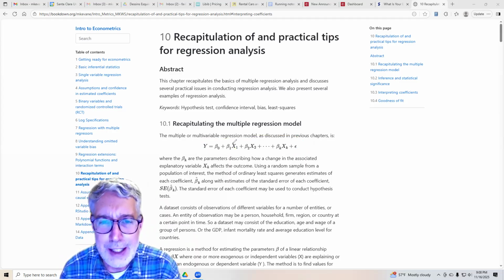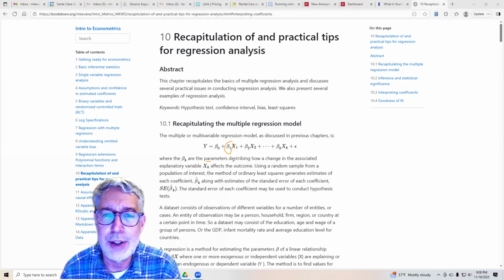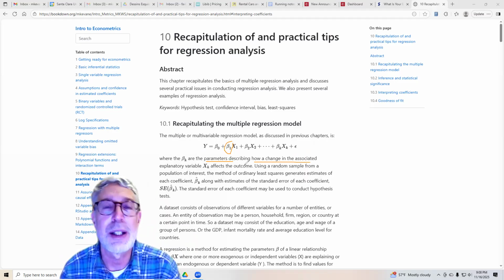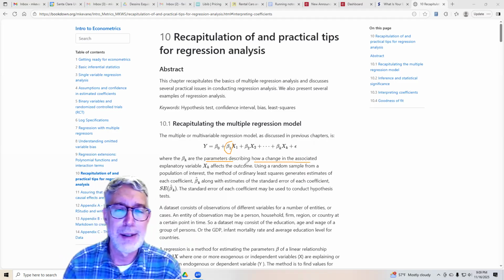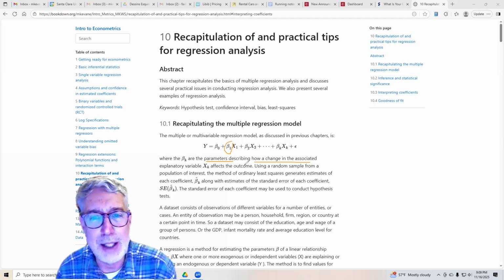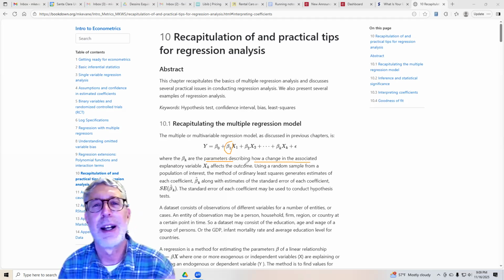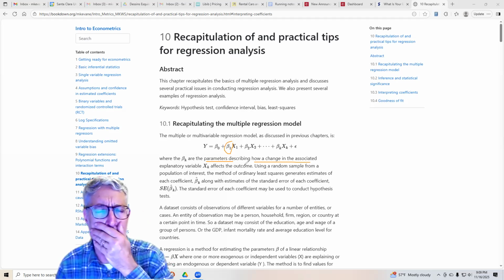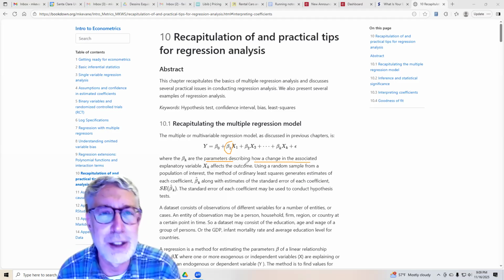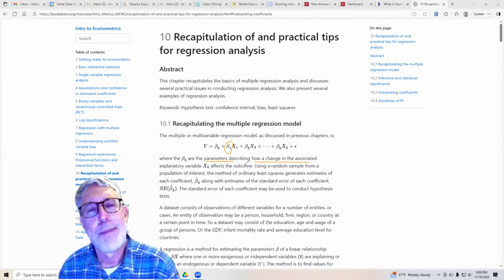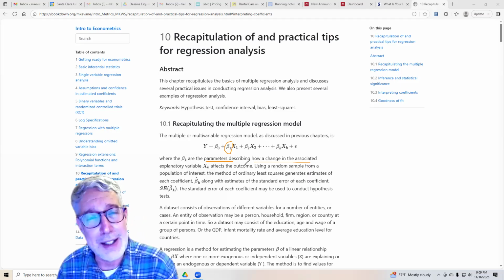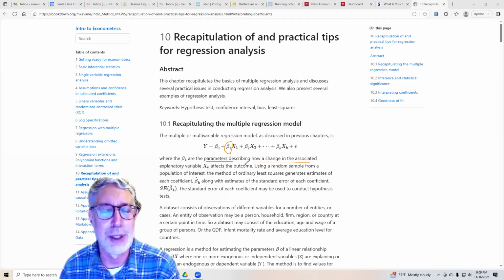In this model, the betas are the parameters that describe how a change in the associated explanatory variables affects the outcome. Again, these betas can be complex in the sense that if we have nonlinear relationships, not a single parameter describes the relationship.